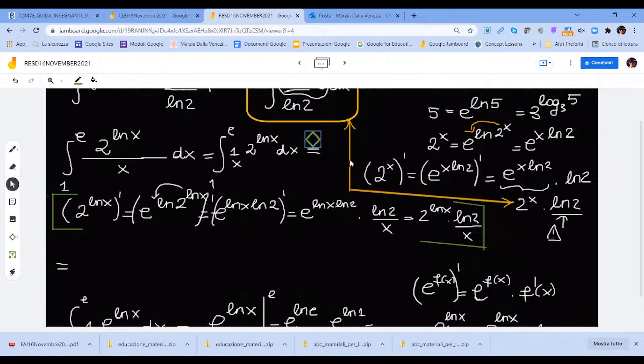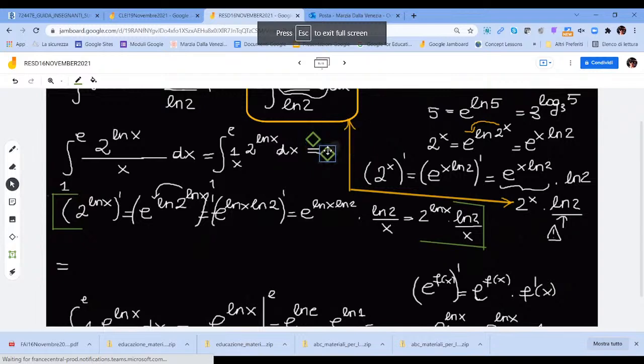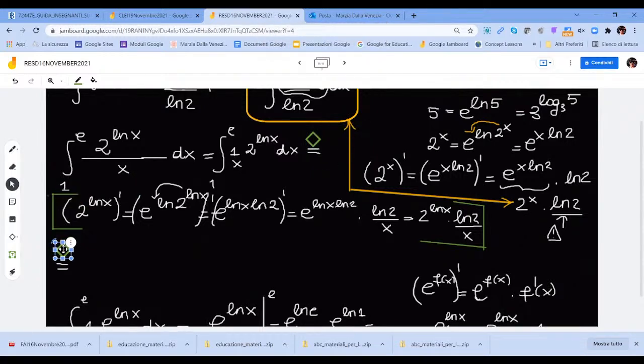So now the solution is 1 over the natural logarithm of 2 times 2 to the logarithm of x computed between 1 and e.